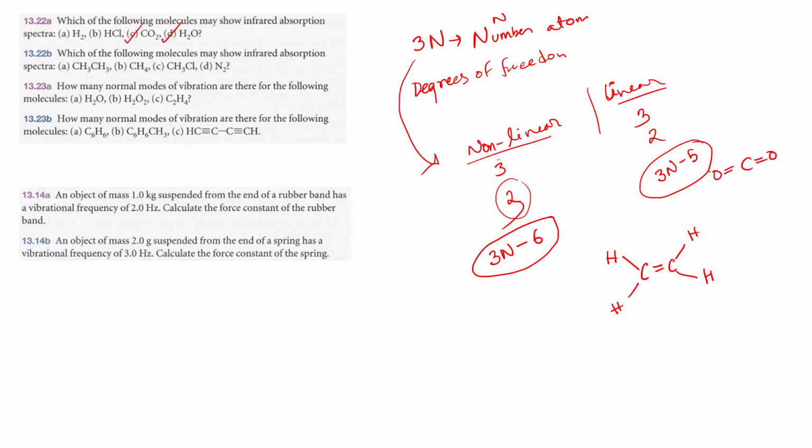So that's how you are going to calculate this. What about 13.23b, the last question? All of them are non-linear, right? The first one is benzene. The second one, I guess, is toluene, C6H6, but toluene should have been C6H5. Maybe they made some mistake.